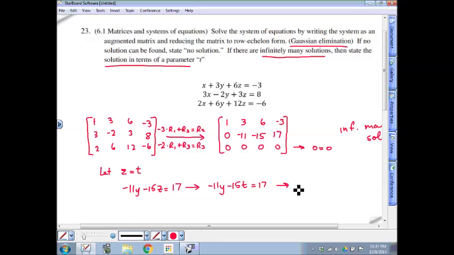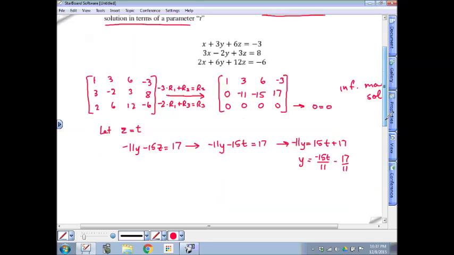So I'm going to move the 15t over by adding it, and then divide everything by negative 11. So y equals negative 15t over 11 minus 17 over 11. So there's the value of y.